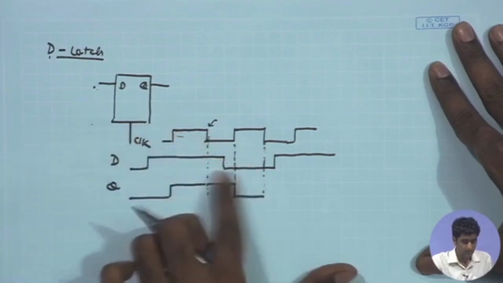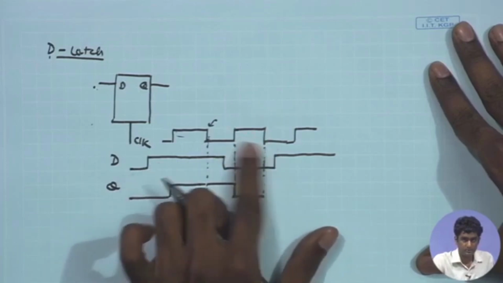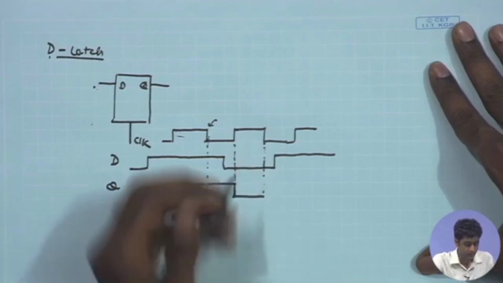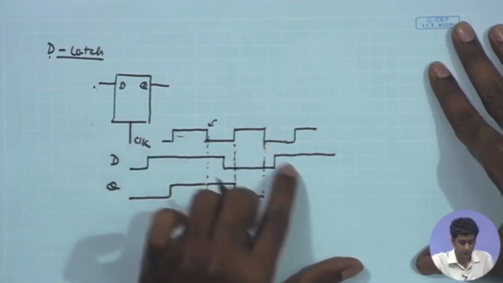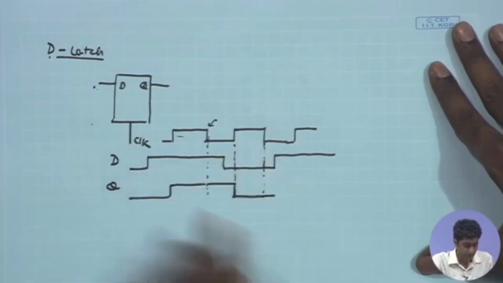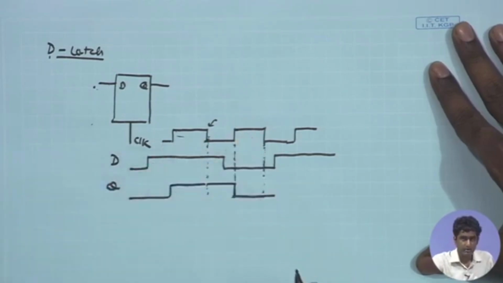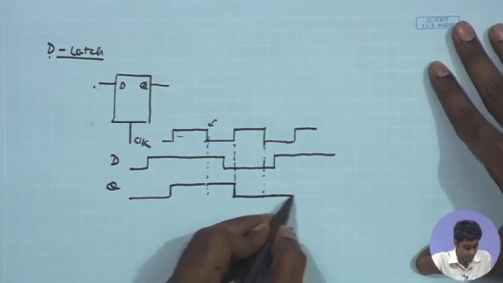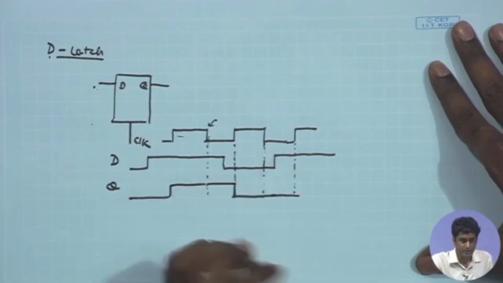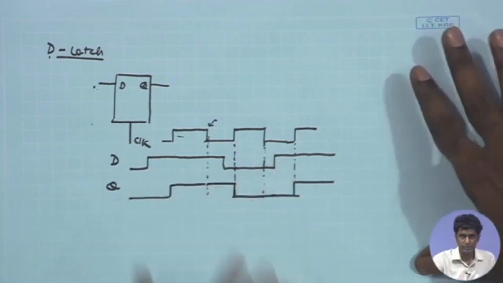While the clock is high, D is getting copied to Q, and as the clock goes to 0, the transparency is lost, and from this point onward Q will be retaining whatever D value was available in this positive phase. And once again, after the clock goes high, Q will be connected to D, copying the value that is available at D. So this is the overall latch operation.